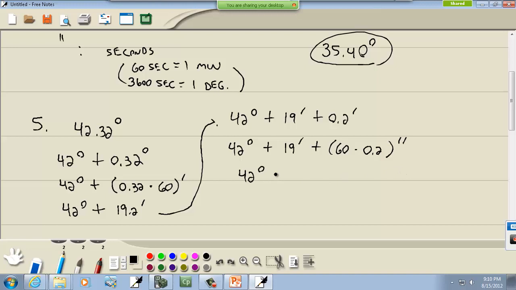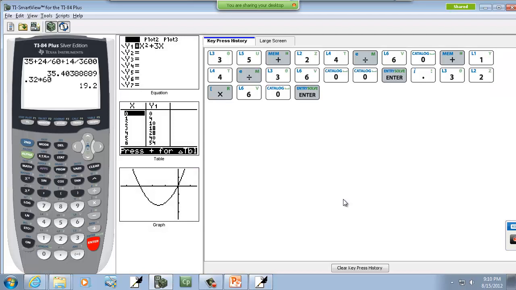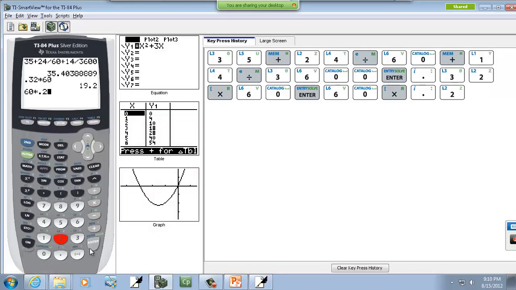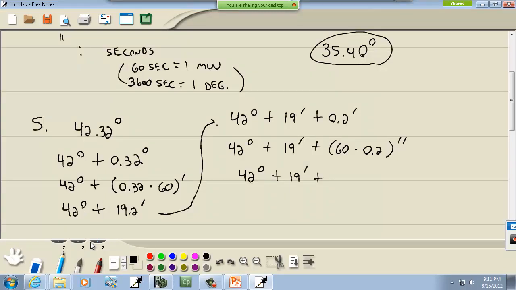So we got 42 plus 19, and I think that's 12, but let me go double check. I'm not very good with decimals. 60 times 0.2, especially, I'm getting tired. 12.